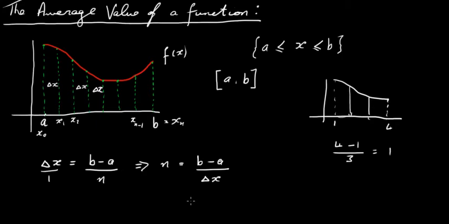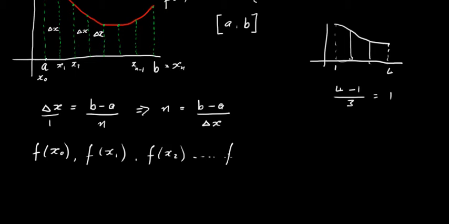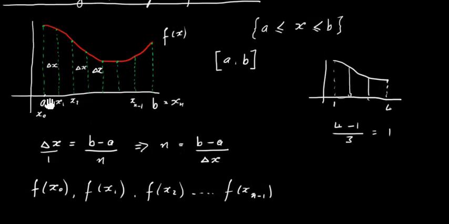Now let's have a look at the next step. The average value of the numbers, let's say f of x0, f of x1, f of x2, all the way up to f of n minus 1. This is x0 here.